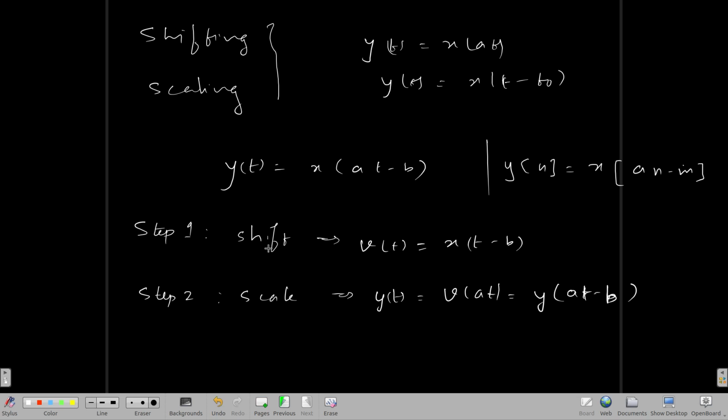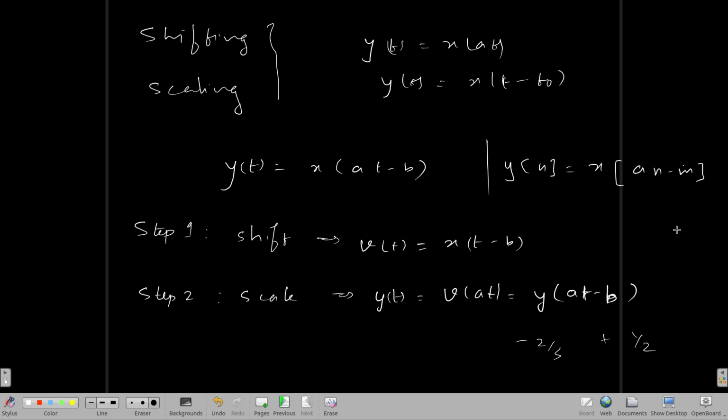You can scale first and shift later, but it will be difficult. You may not be able to use that technique always for discrete signals, because if you are scaling first and shifting later, what happens is that you may have a shift of 2/3 or 1/2 or something. You may have some fractional shifts, so that you won't be able to implement in a discrete signal.